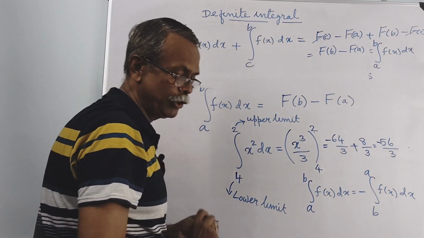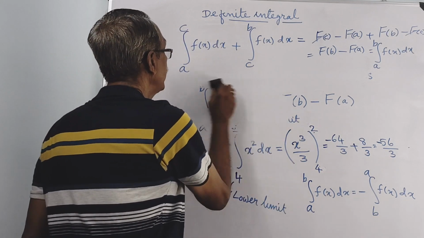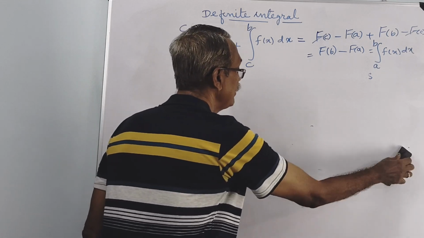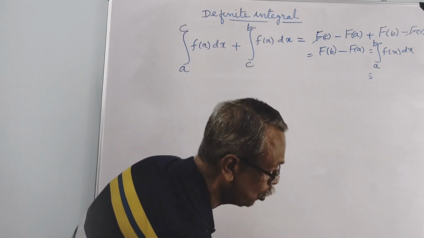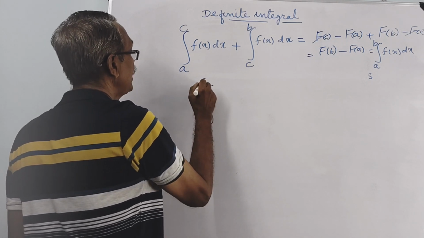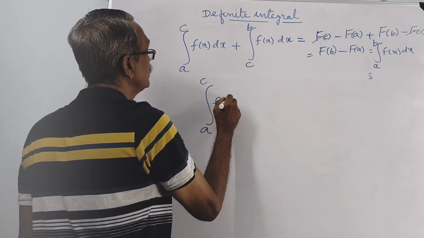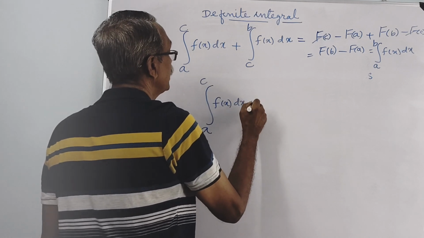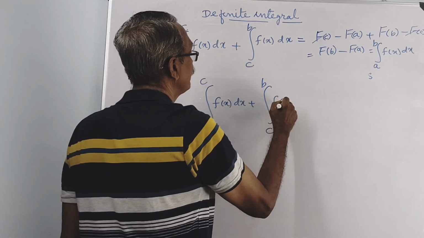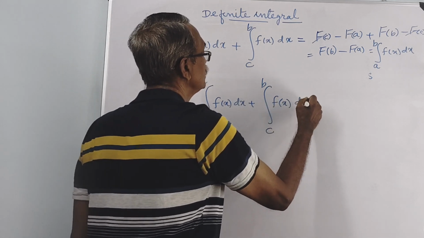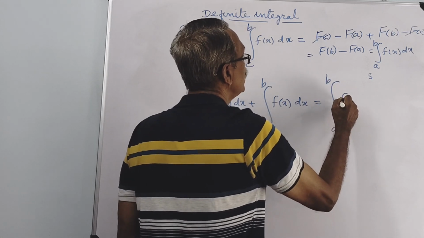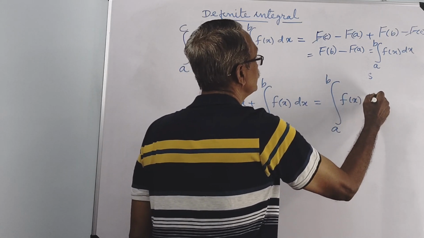Therefore, you have a very useful rule where you can split the integral into different parts using this rule. That is, integral a to c f(x) dx plus integral c to b f(x) dx is equal to integral a to b f(x) dx.